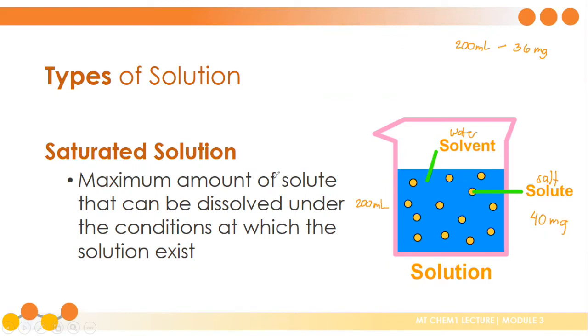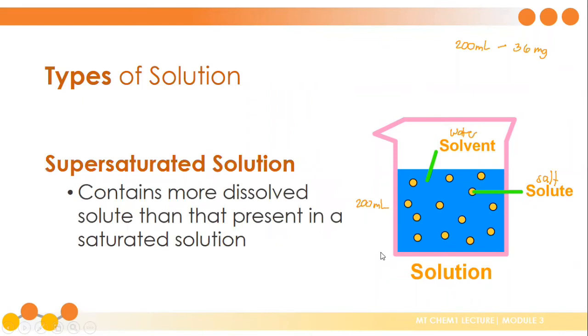In this one, we have the maximum amount of solute that can be dissolved in our solvent, which means that this solution cannot dissolve any more solute. It already reached the maximum amount of solute that can be dissolved in a solvent, making it saturated. No more solute can be dissolved in this one.